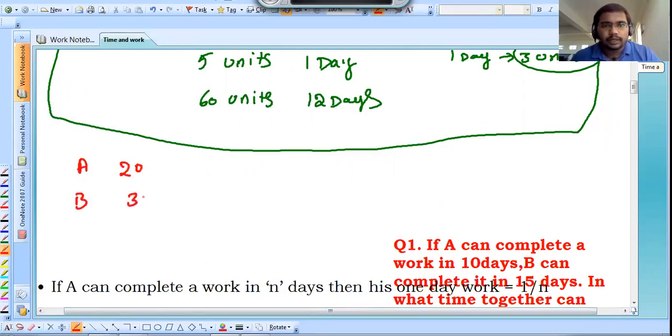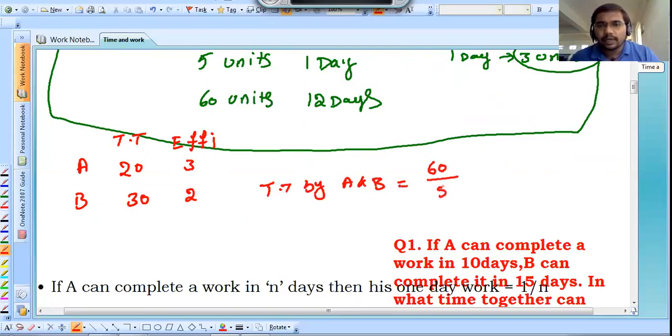This is the time taken. Efficiency is 3 units and 2 units. Time taken by A and B together is 60 units by 5, so the answer is 12 days.